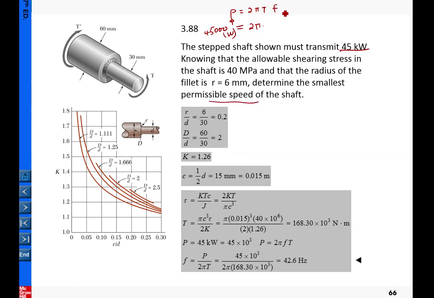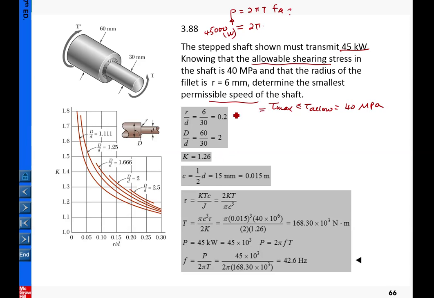So we want to determine what F is here, and then we need to determine T. So what is T? Again, we follow the maximum stress, and the allowable shear stress is 40, so less than the allowable, that is 40 MPa.